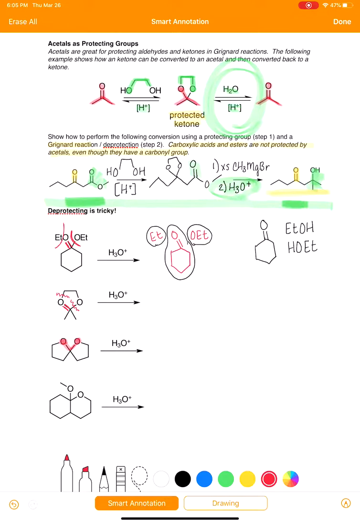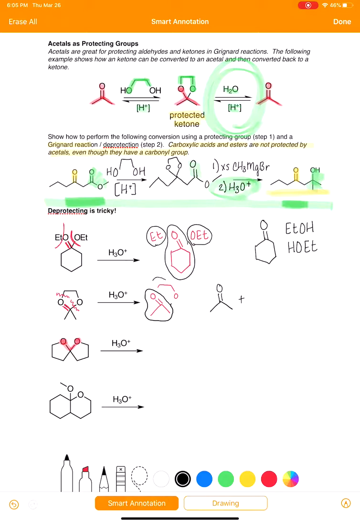And now let's redraw what we have, and I'm going to draw it in a way that resembles as much as possible the molecule that we had. This time we only have two pieces. This piece right here is the ketone, so that's one of our products.